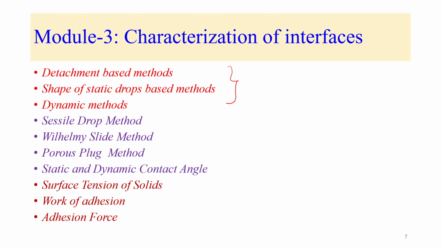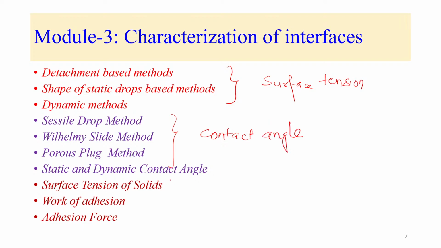For surface tension, we discussed the detachment method, drop shape method, and the dynamic method. For the contact angle, we discussed the sessile drop method, Wilhelmy plate method, and porous plug method for powder samples. This is for the contact angle or wettability.